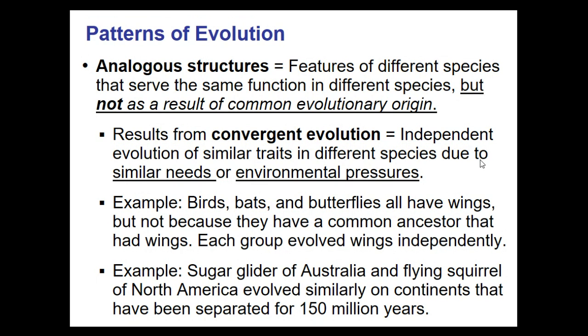And butterflies, or any insects that have wings, all evolved that characteristic on their own. All insects that have wings evolved from insects that did not have wings. The earliest insects did not have wings. So this is called analogous structures. Each organism, or each species that has that structure, evolved it itself. They didn't all inherit it from the same ancestor in the past that had that.